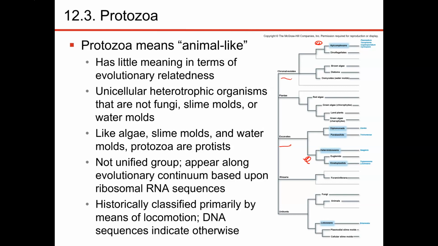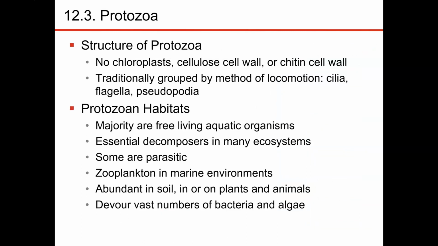We are learning more and more about protozoans. Historically, we always classified protozoans by their mode of locomotion, and now we're seeing that that's probably not the best way to classify these organisms. Protozoans are not photosynthetic. They don't have a cell wall.